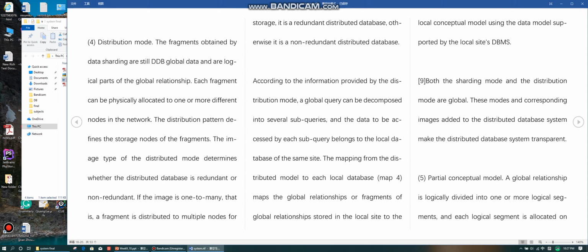So for a distributed system, a single composite query can be divided into subqueries and run on different nodes of the DBMS. So the mapping from the distributed model to each local database maps the global relation or fragments to the local relationship stored in the local site, to the local computation using the data supported by the local site DBMS.